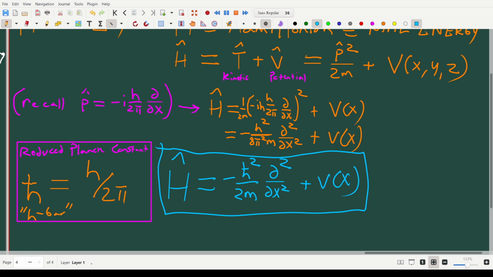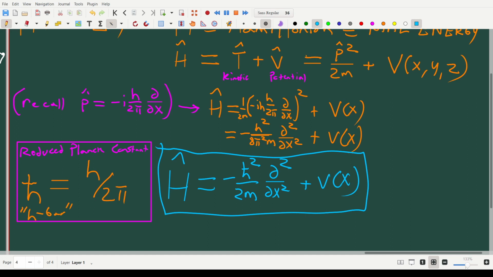We know that when we apply this operator, which is a second derivative and some function, to a wave function, we get the energy times the wave function back. Those wave functions are the possible states of our system. So we have an equation that relates the wave function to itself.